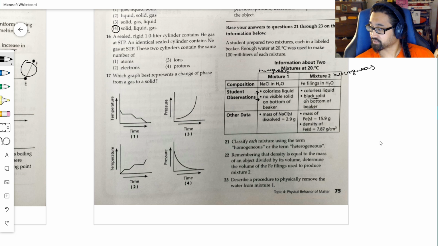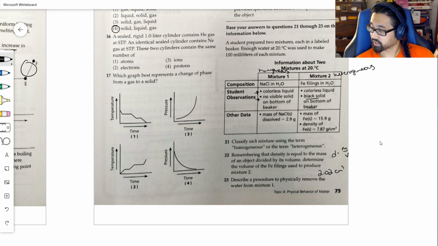Density is mass divided by volume. What's the volume? I know the density. I know the mass. So if I do mass divided by density, oh, I did this math. It's 2.02 grams per, nope, that's wrong. I need the volume, just centimeters cubed.